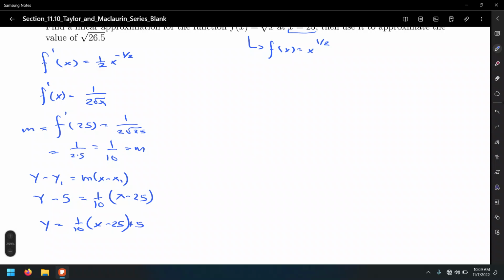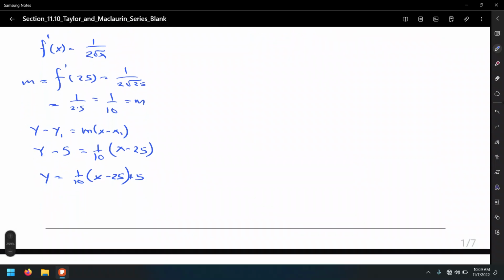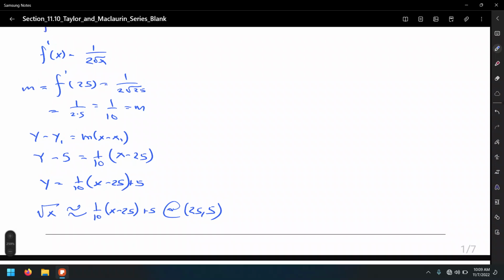What does that mean? This means that the square root of x is approximately 1/10 times (x minus 25) plus 5 near the point (25, 5). That's the linear approximation, and in this situation we need to specify the point at which the approximation is accurate, in this case this point right here.